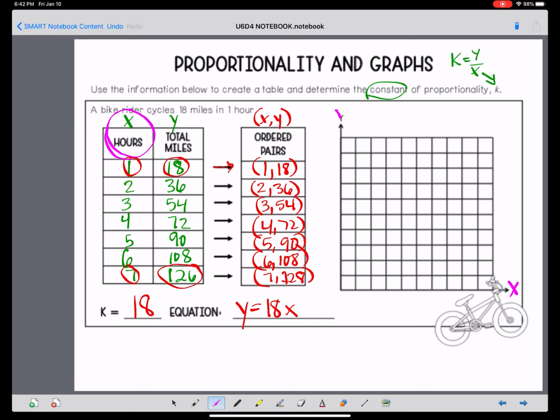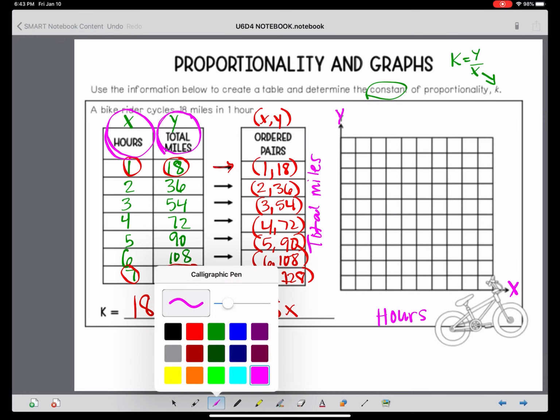And the vertical axis is your y-axis. The y-axis is always the one that goes up and down. And on our table, we know that our y-axis is total miles. So let's go ahead and label our graph. I'm going to have hours along my x-axis, and I'm going to have total miles along my y-axis.